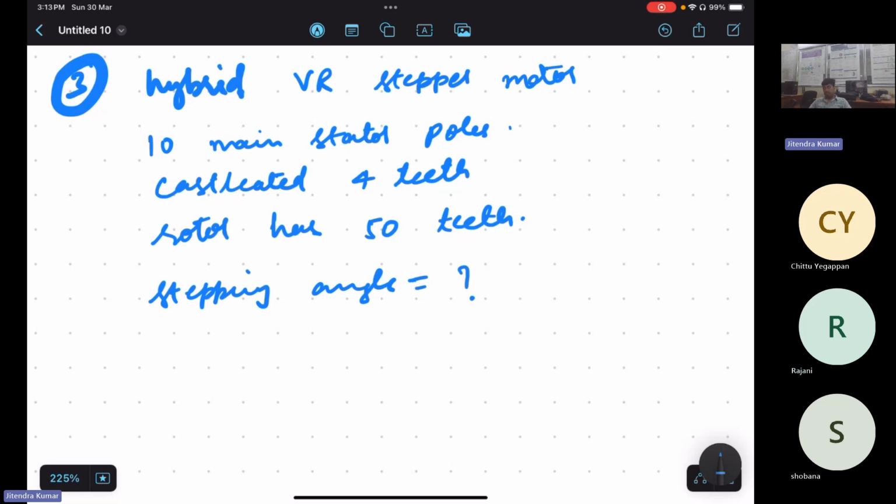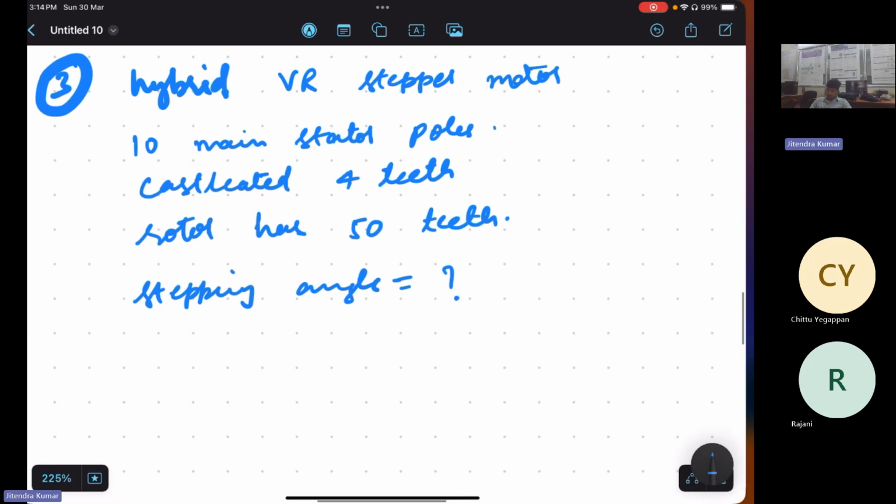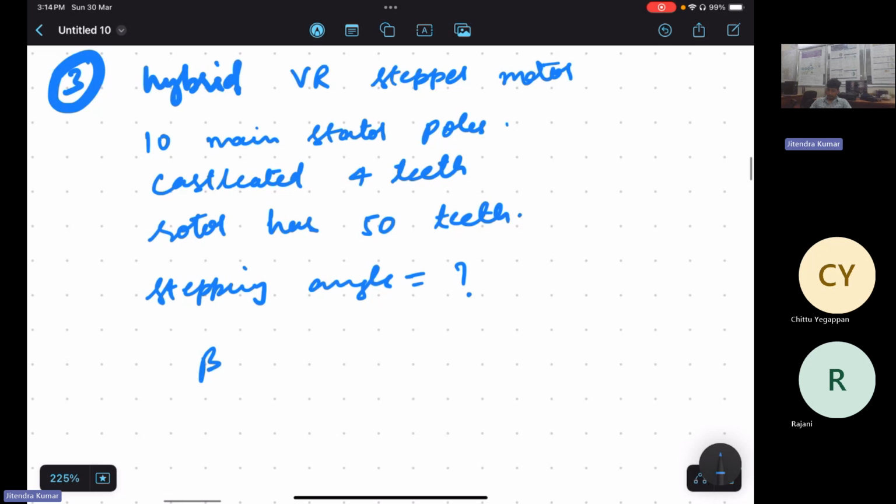10 into 4. So what is the expression of a stepping angle, beta?